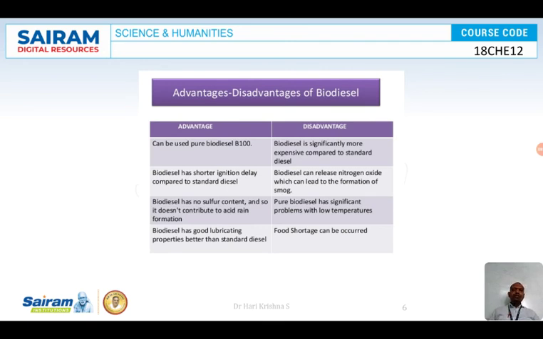These oxides of nitrogen may cause smog, an air pollutant, and will also damage the ozone, leading to an ozone hole. Also, if we use rice bran oil, food oil, or waste oils only for the preparation of biodiesel, one fine day there will be a shortage of food. These are the disadvantages of biodiesel synthesis.